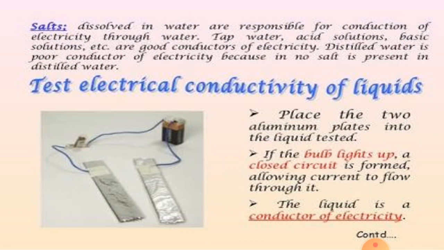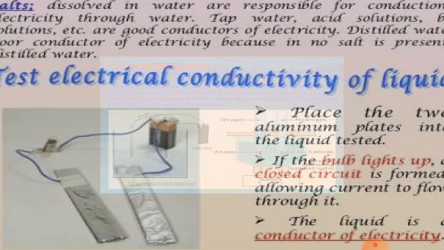If the bulb does not glow, it shows that the given liquid is a poor conductor of electricity. So we are able to check the conductivity of liquids by using this method.